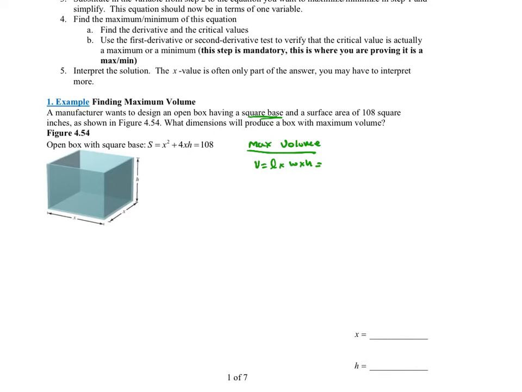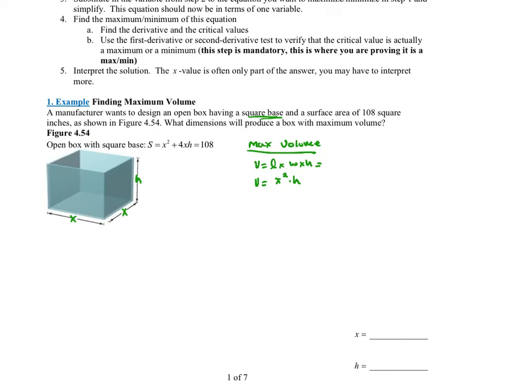So if you look at what they did in the picture, if your length is x and your width is x, and your height is h, your volume would be x squared times h in this case. So that's our primary equation that we're trying to maximize. We're trying to maximize the volume.